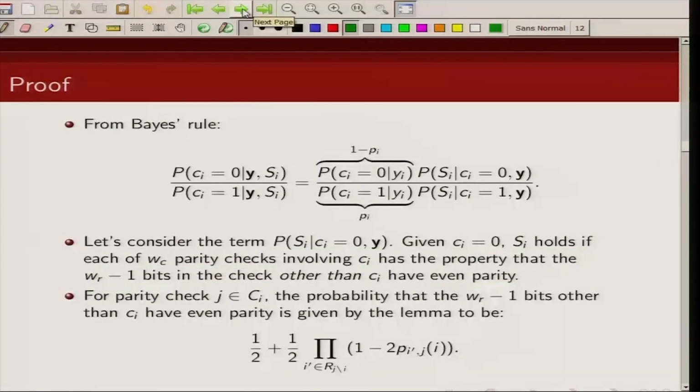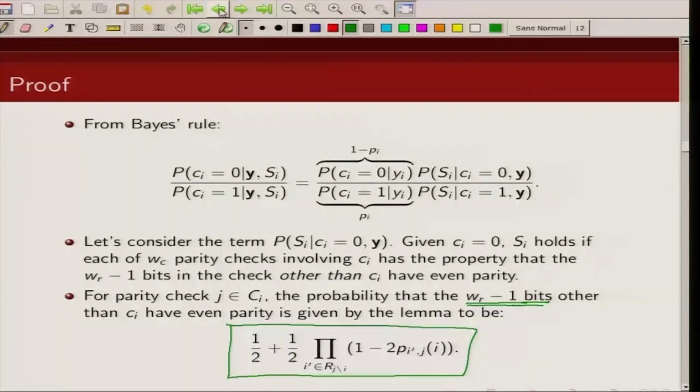Now from the theorem that we have proved, we know what that probability is. Probability that, other than Ci, WR minus 1 bits have even parity. That probability is given by this expression.